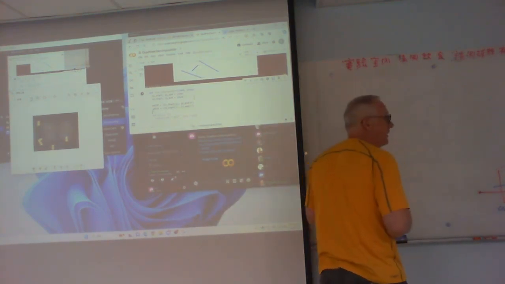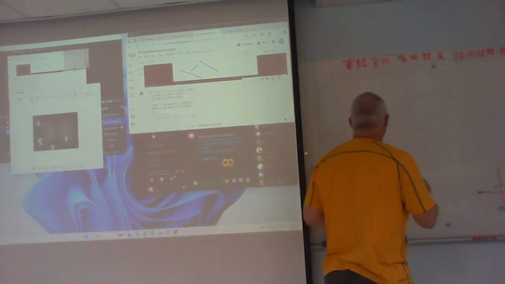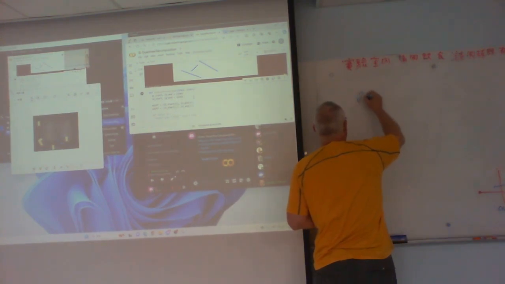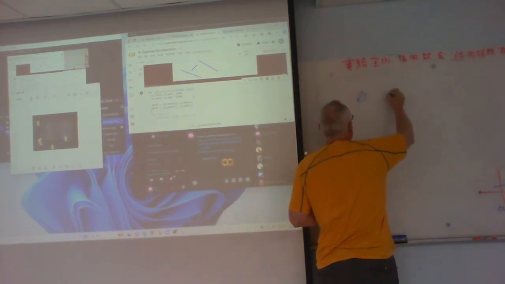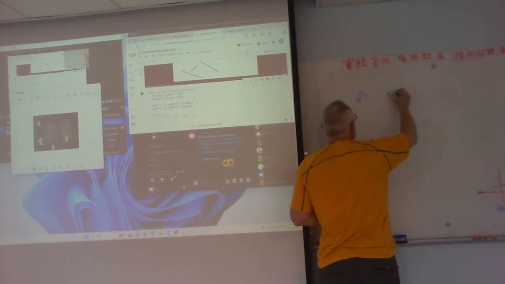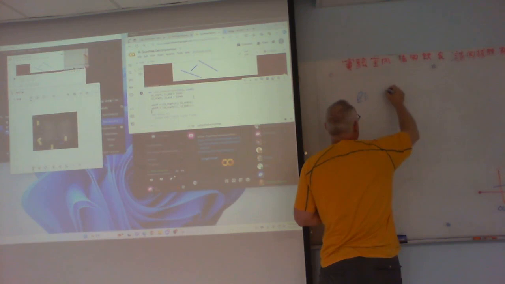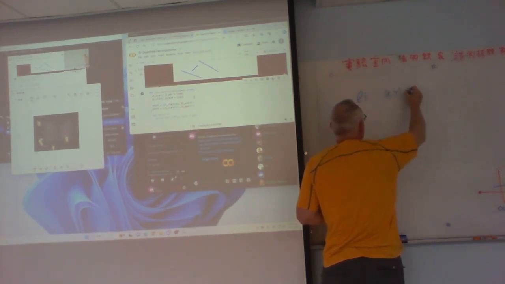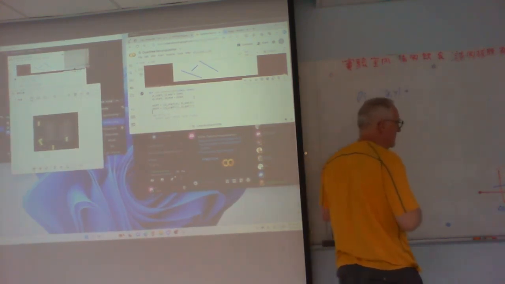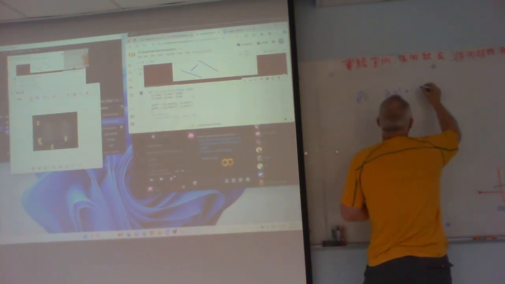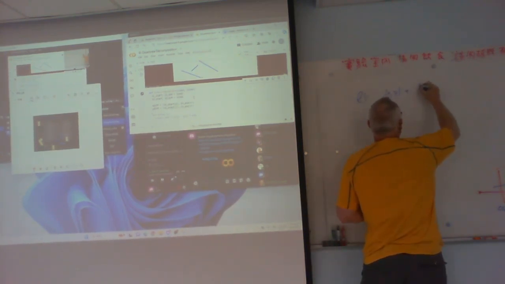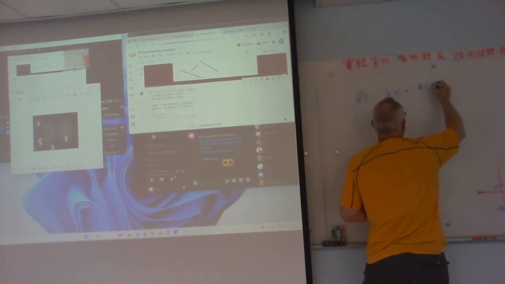So the first line is going to be x, y, that point, plus some k multiplied by x diff, y diff. I guess I can write it in matrix form.